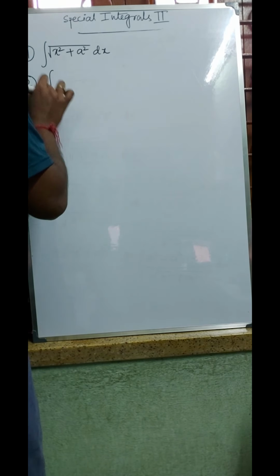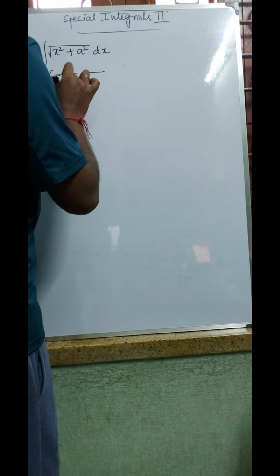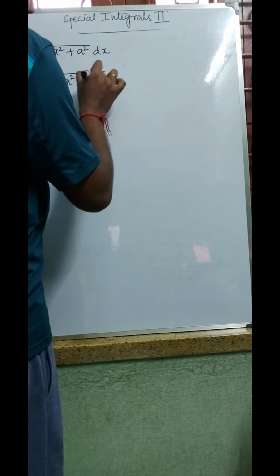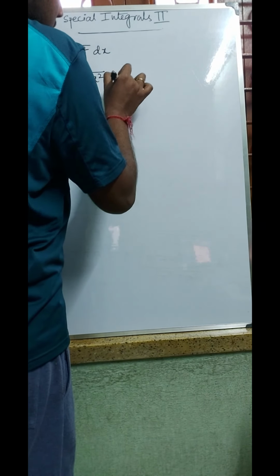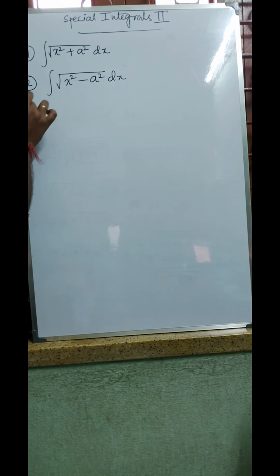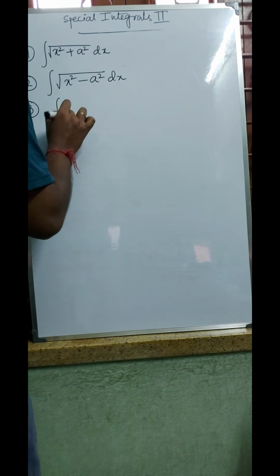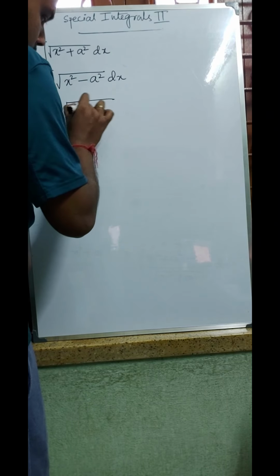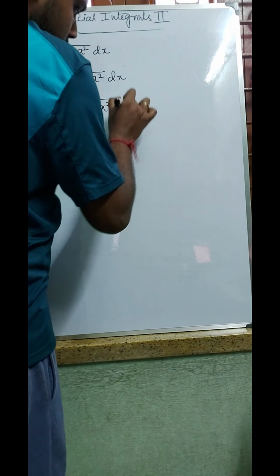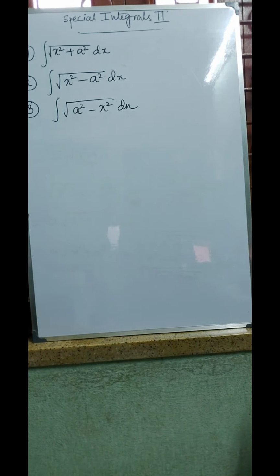Second one being integration under root x square minus a square dx. Third one being integration under root a square minus x square dx. Fine.